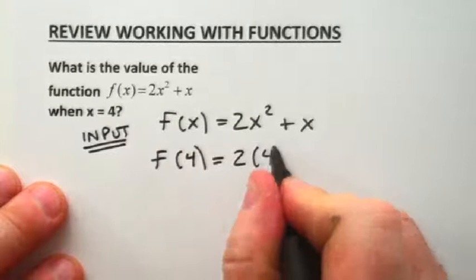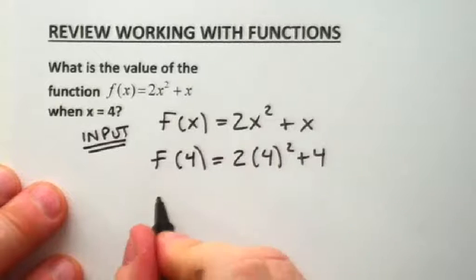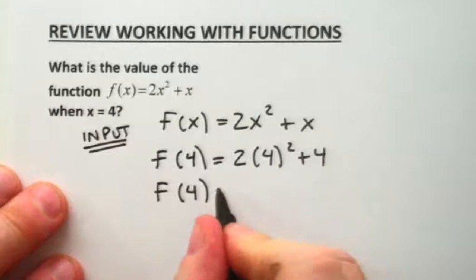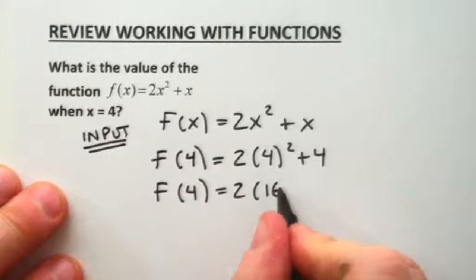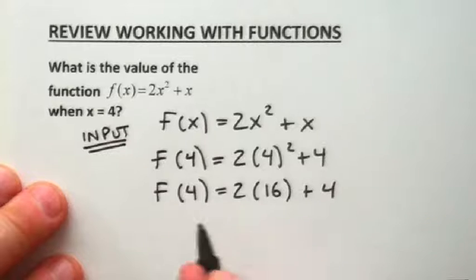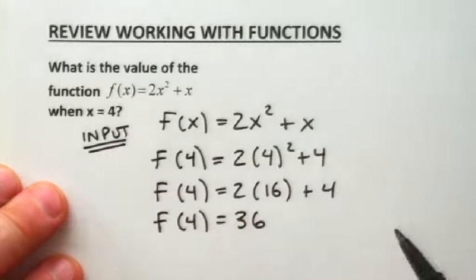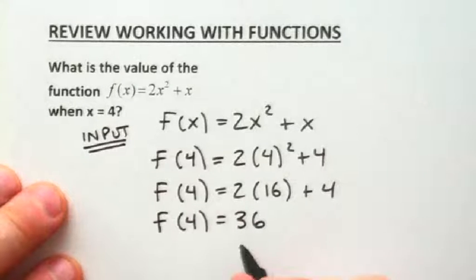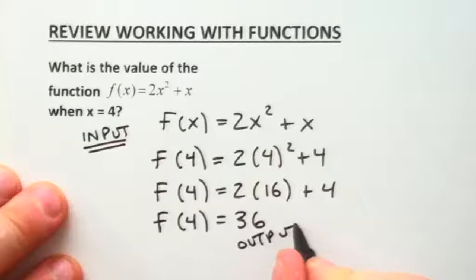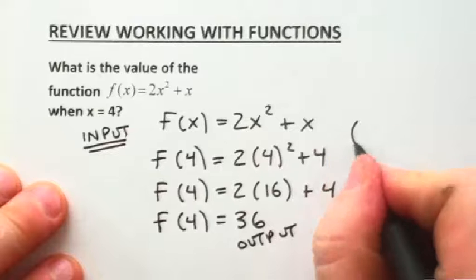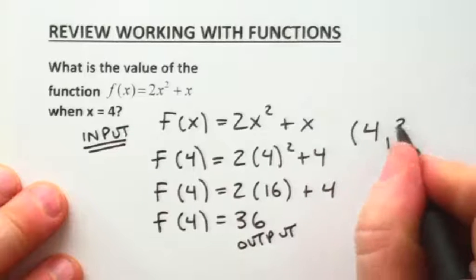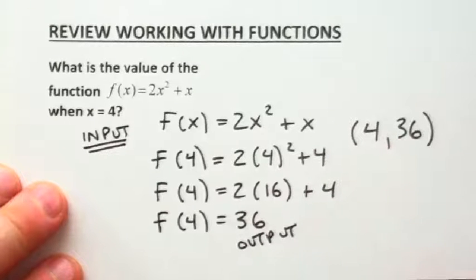And so we get 2 times 16 plus 4, and we get f of 4 equaling 32, and 4 more is 36. This is our output, and you also know this to be the point (4, 36).